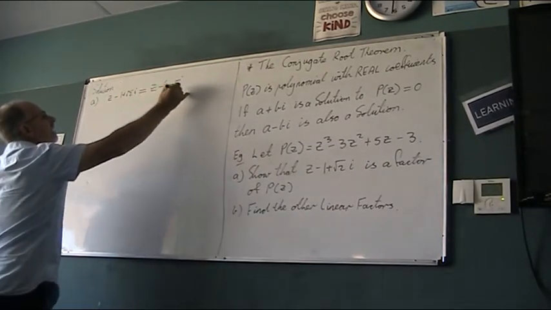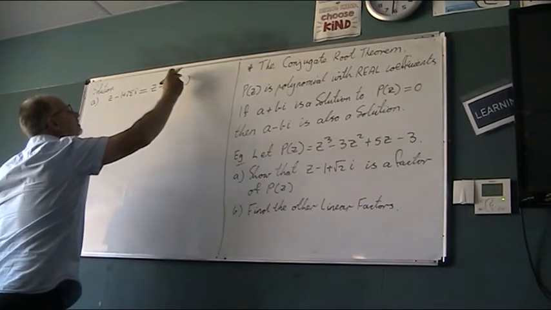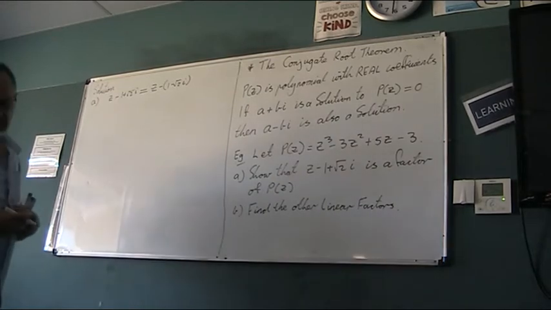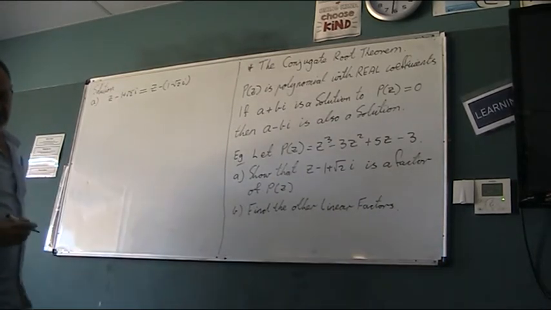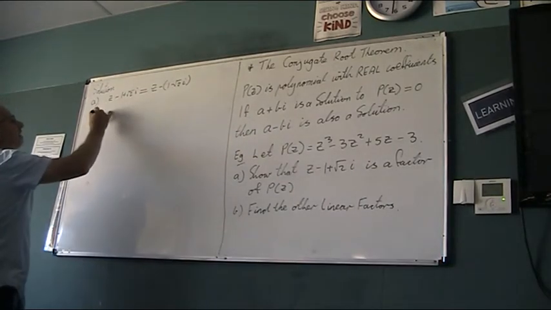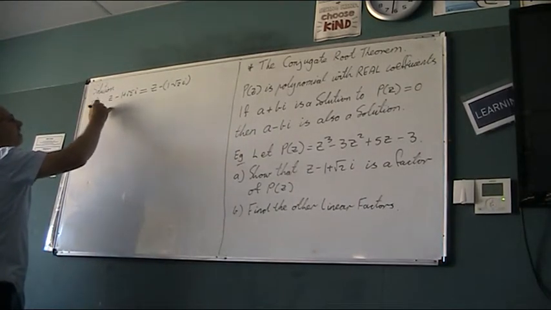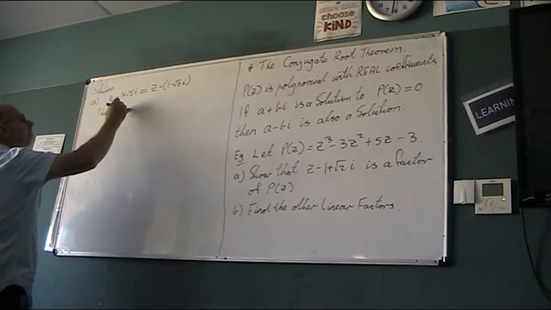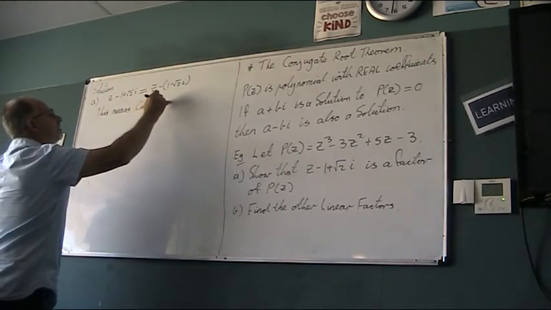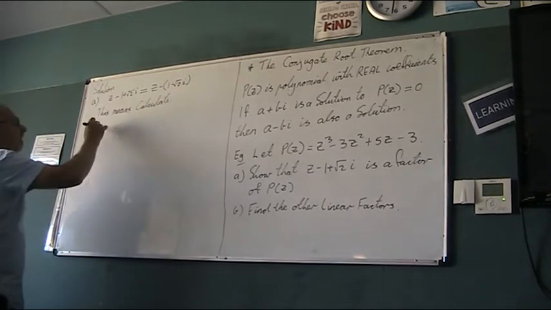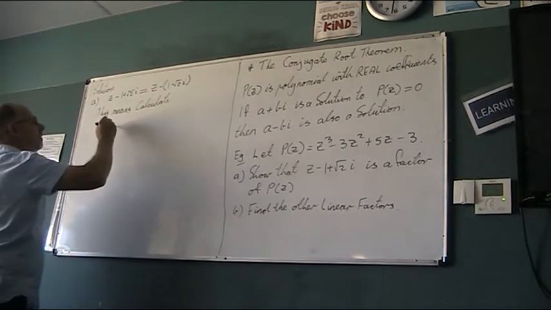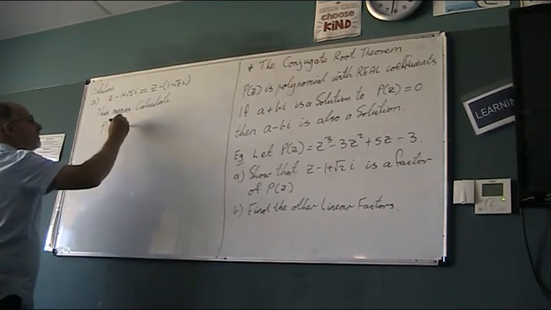If I take the negative out, root 2i. Alright, so I've got to show that that's a linear factor. So effectively what it's asking us to do is calculate the polynomial when you put 1 minus root 2i in.